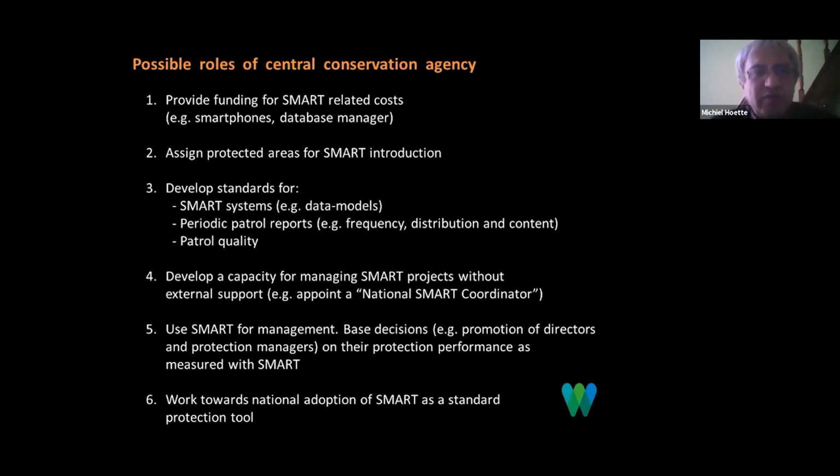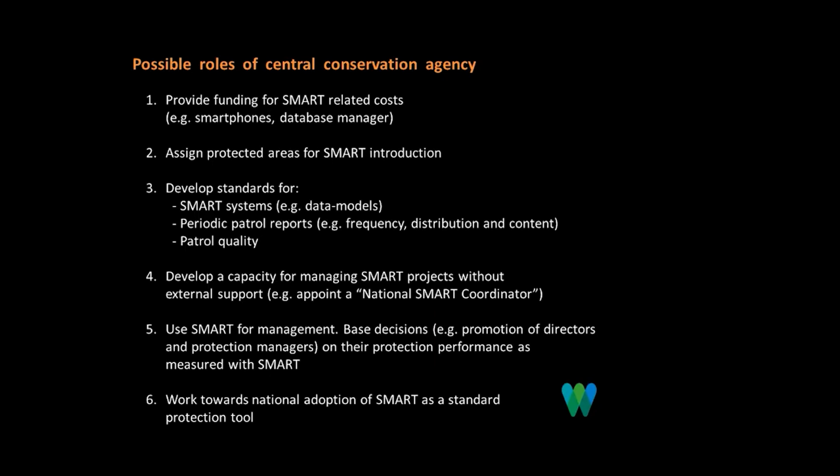Obviously, it would be good if they decide in which protected areas SMART could be introduced. And it is also helpful if they think about setting certain standards, for instance, for the data models, but also for what should be included in the reports.